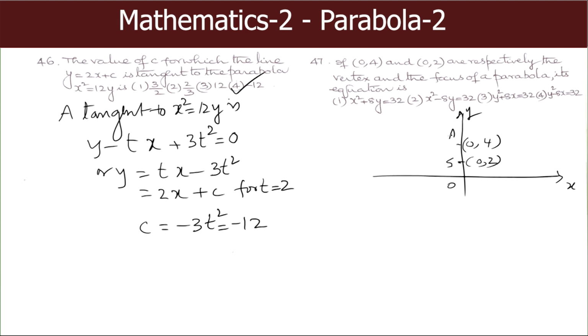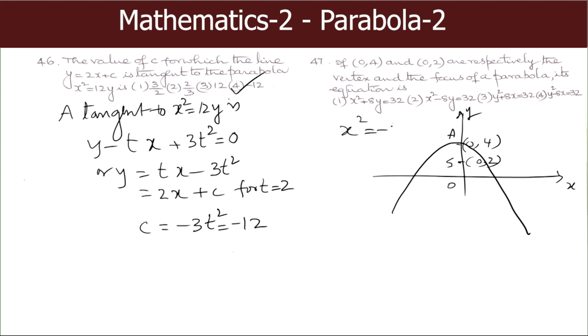So the axis of the parabola is the y-axis, and therefore the parabola opens downwards from the vertex. What is the equation of the parabola? Well, the vertex is 0, 4. Because it is facing downwards, the equation is of the form x square equal to minus 4ay.